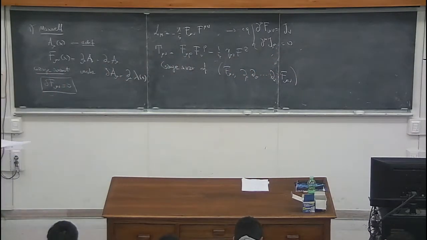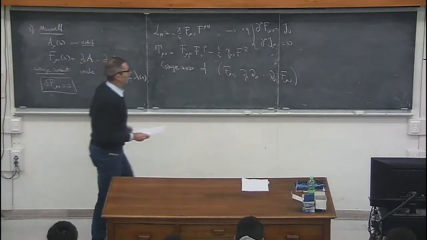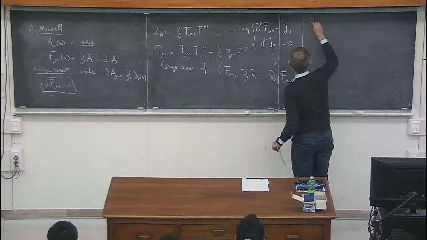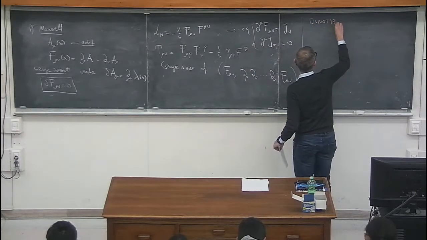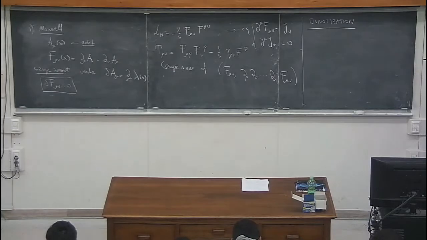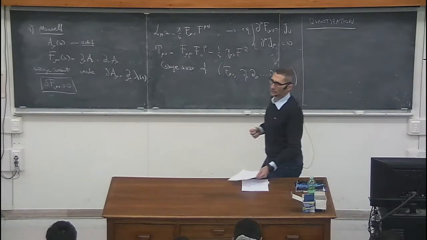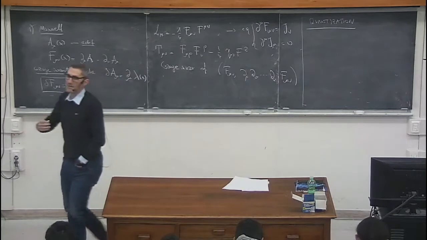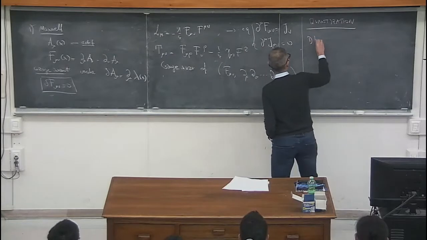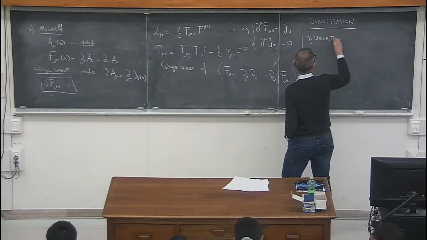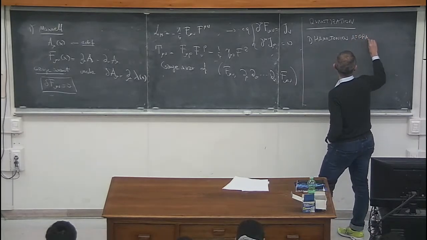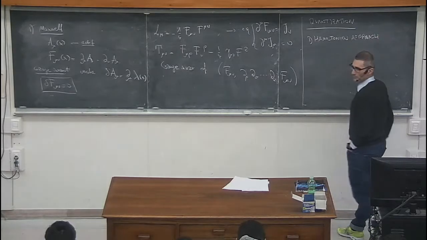Unfortunately, when you try to quantize this theory, you run into some problems. So, quantization. There are several ways to quantize the theory. Let's say the main way to do it is by choosing, for example, a Hamiltonian approach to the quantization.